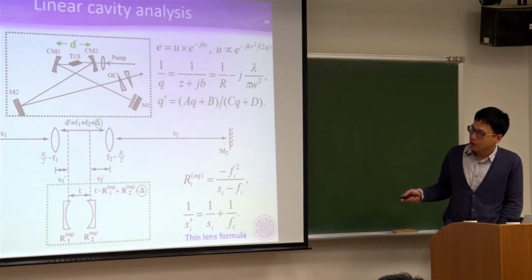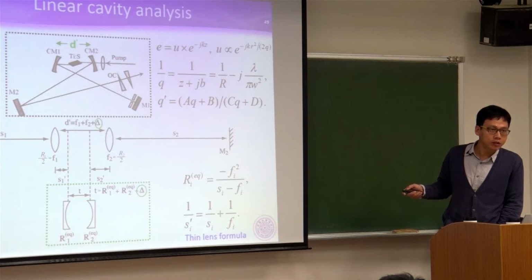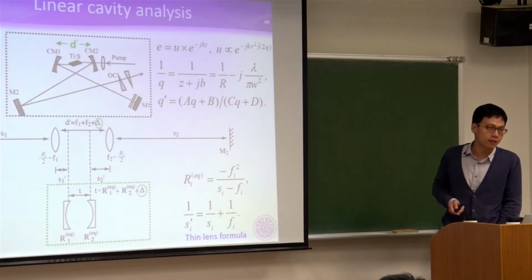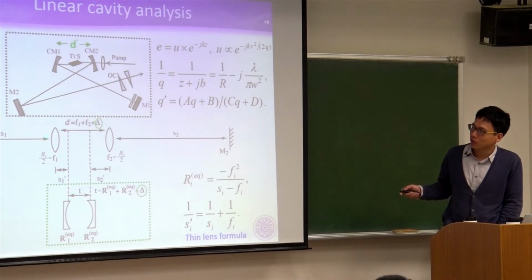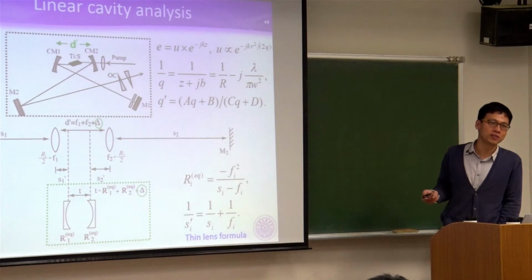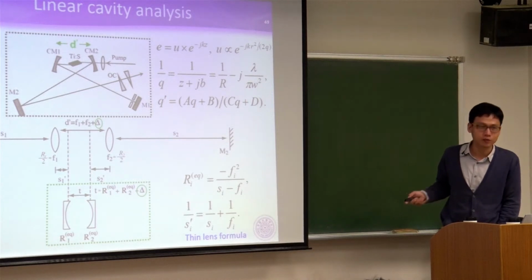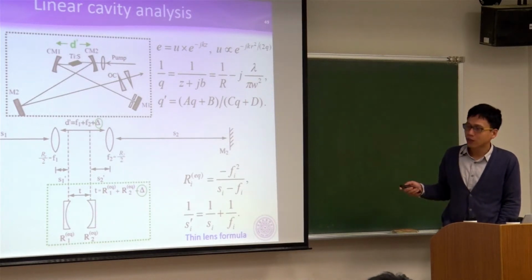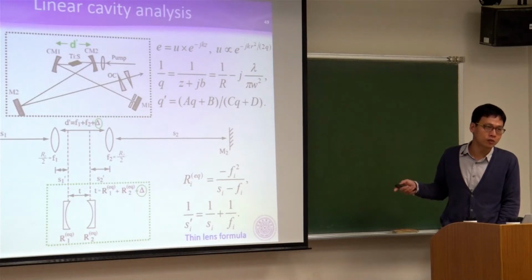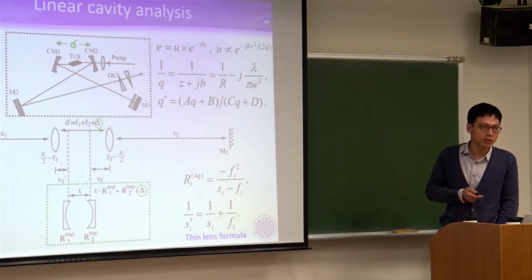So that means the equivalent curved mirror is the image of the planar mirror due to the equivalent lens. 意思就是这个东西其实是这个平面镜成像的位置，所以你使用这个 lens formula 就可以去算像距、物距、焦距之间的关系，就是这个 formula.